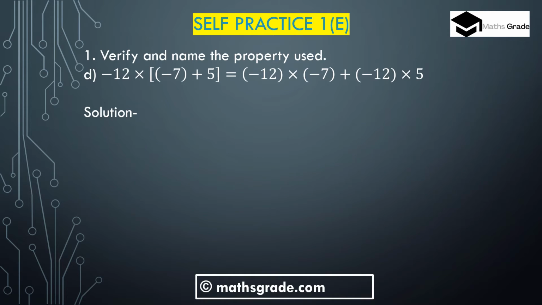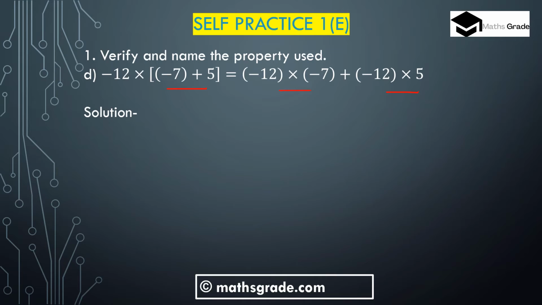Now part D: minus 12 multiplied by the bracket of minus 7 plus 5 is equal to minus 12 multiplied by minus 7 plus minus 12 multiplied by 5. We have to verify this and name the property used.